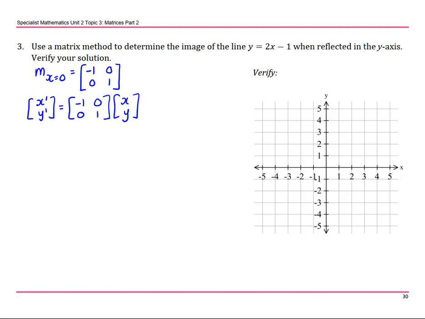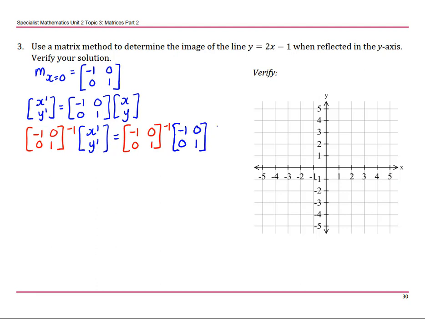So we get the inverse, just a refresher on solving. So that leaves our (x, y) on the right-hand side.